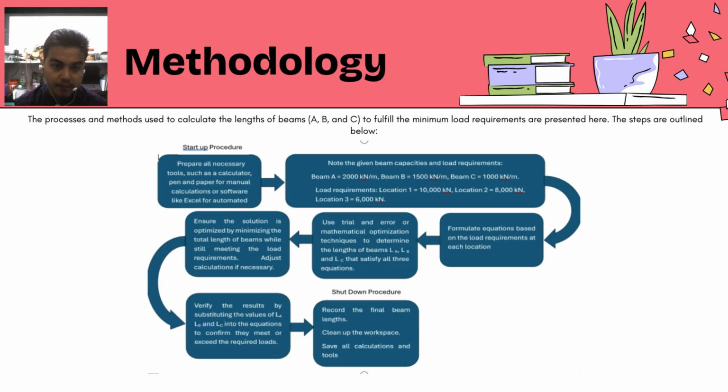Adjust calculation if necessary, and then verify the result by substituting the values of LA, LB, and LC into the equations to confirm they meet or exceed the required load. Lastly is the shutdown procedure. Record the final beam length, clean up the workspace, and save all calculations and tools.